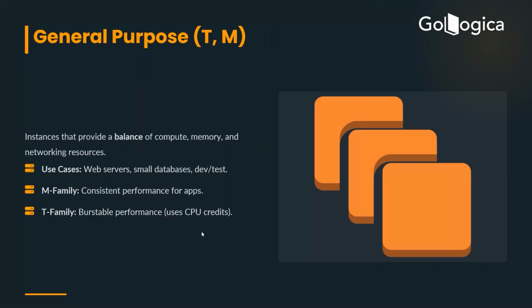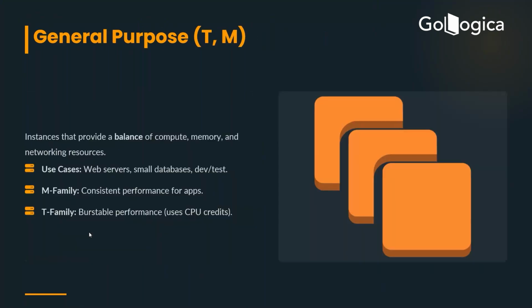So the unused baseline performance will be given back to you, and your instance can burst whenever it has more requirement of compute. This is what burstable family types give you. You can use more CPU when you have a requirement for that.